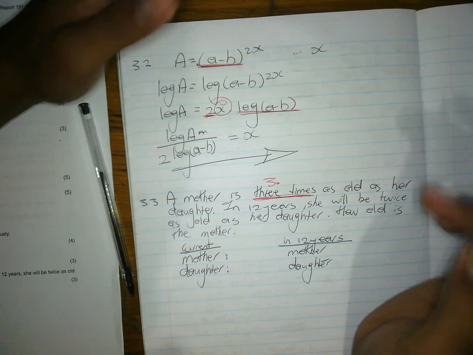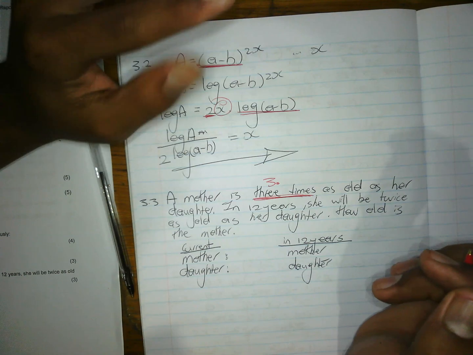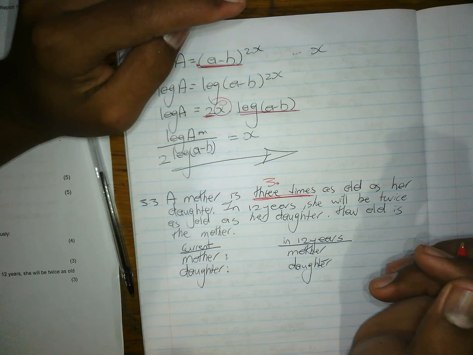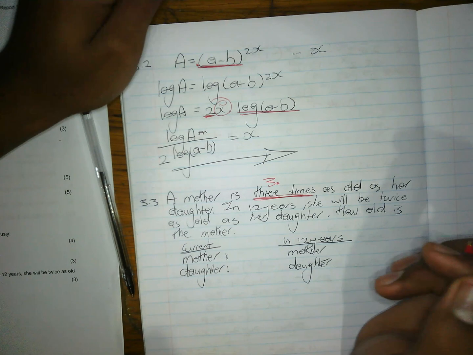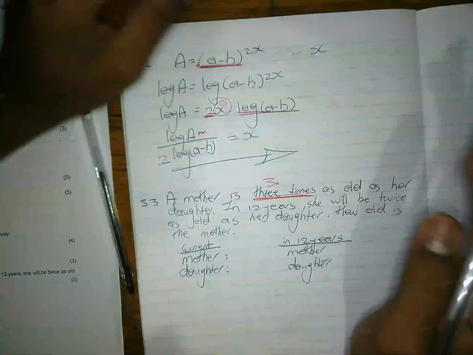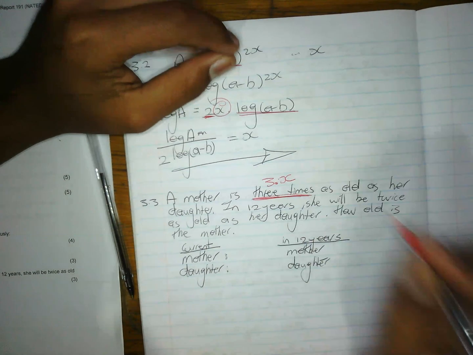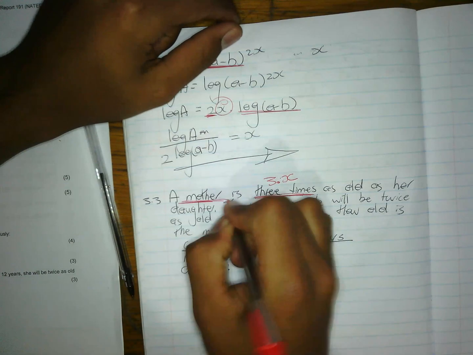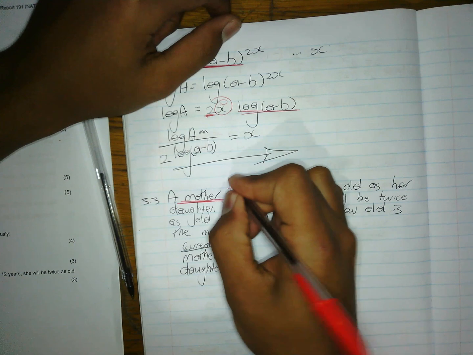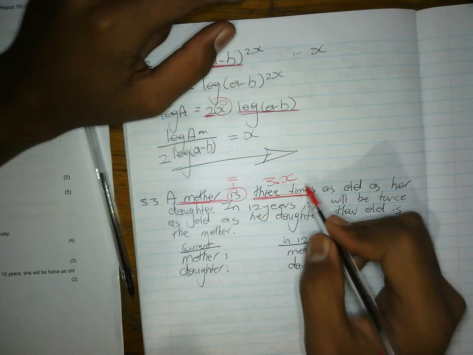So a mother is 3 times as old as a daughter. So let's say the daughter is 6 years old, and the mother is three times the age of the daughter. It is 6 times 3. But we don't know the age of the daughter, so that age will be x. So the mother: is means equal, 3 times means multiply.